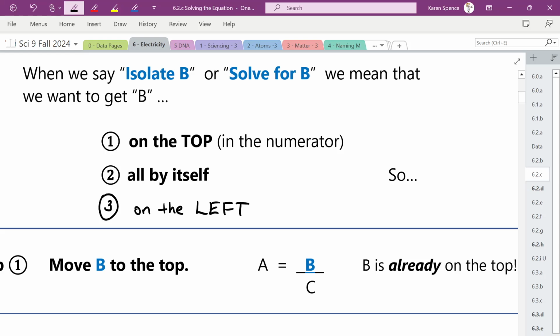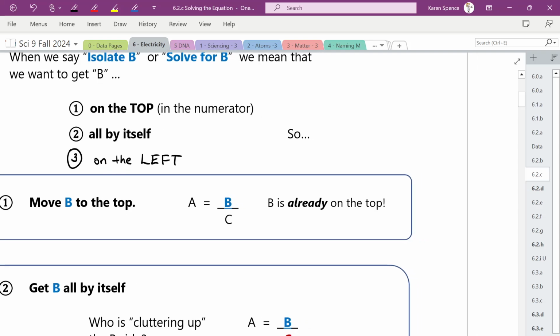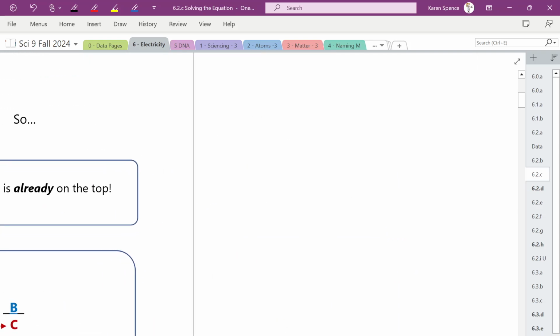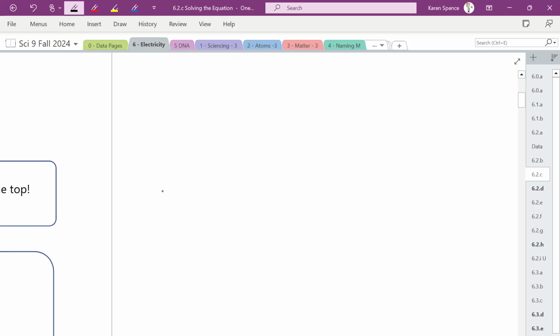Now, it's really hard to write these down so that they're pre-made notes because I have to show every step along the way. So what I'm going to do is I'm actually going to do it over on the side. I have A equals B over C. And if you want yourself a piece of blank paper so you can follow along, please feel free, but you don't have to.